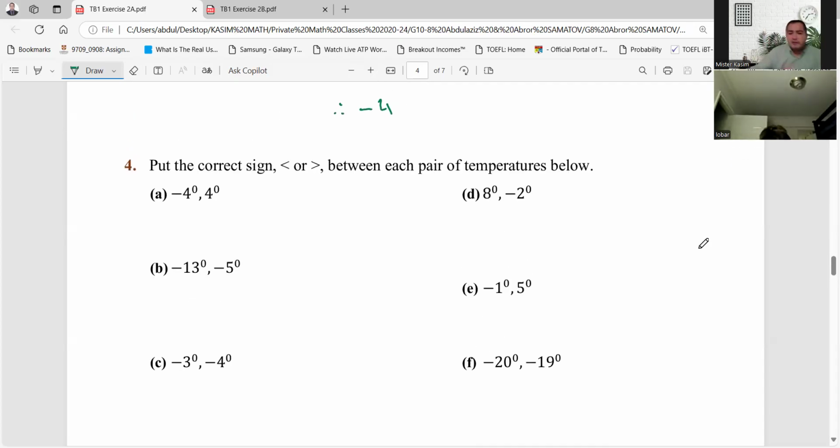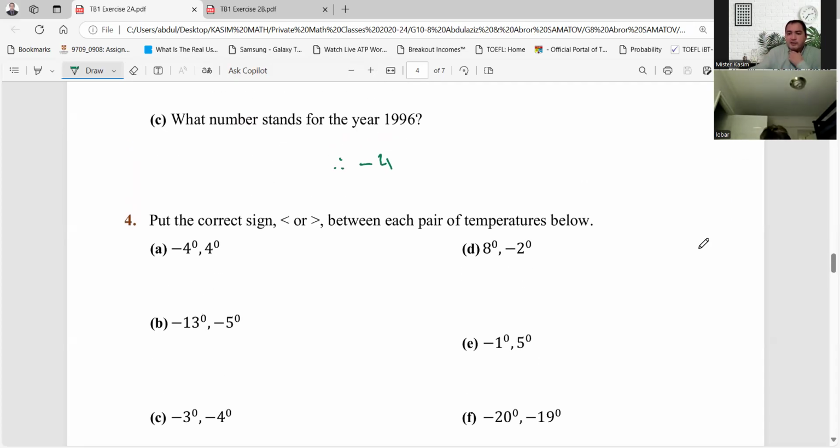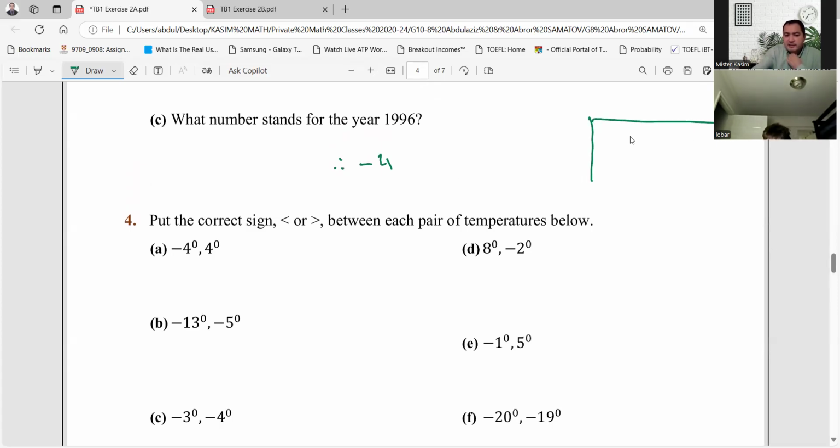For example, let's say it is negative 5 degrees and 6 degrees. You should tell me negative 5 degrees is less than 6 degrees. Like for example, the first one, negative 4 degrees is less than 4 degrees, right?